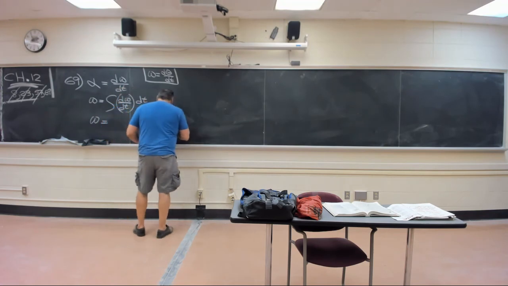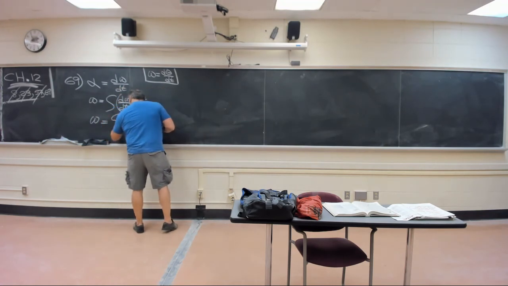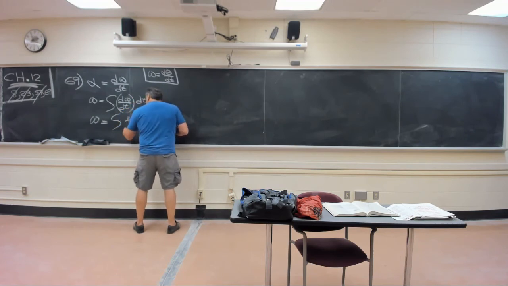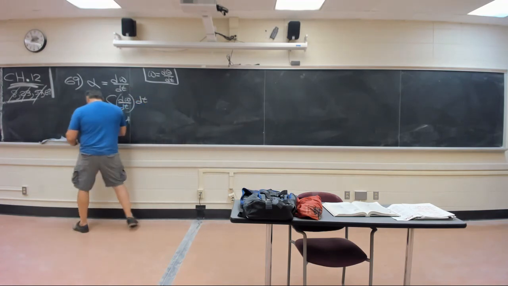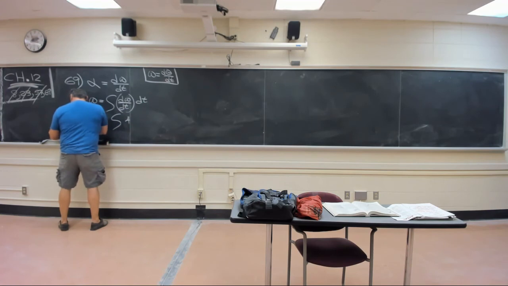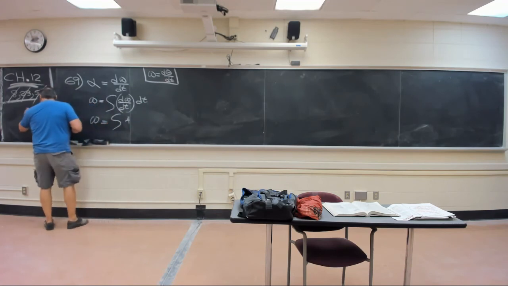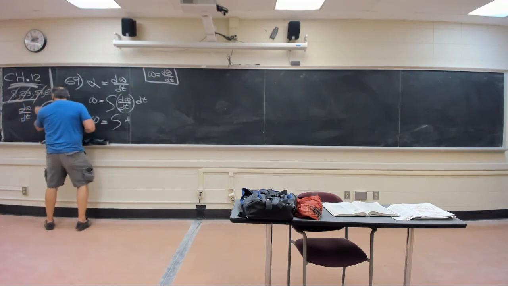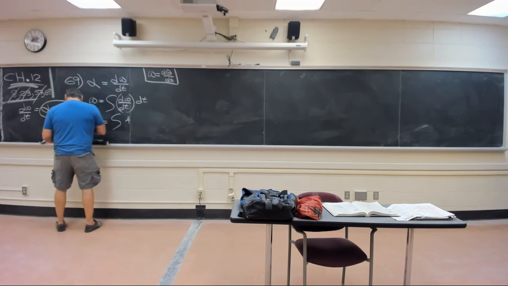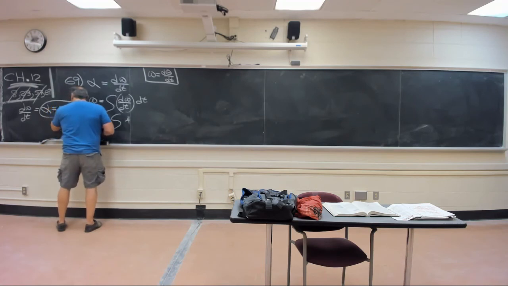Well, we're getting a change in omega, so we've got to be really careful here. Do the integral. They're telling us that alpha, which is the d omega dt we're talking about, was 4t plus 6.